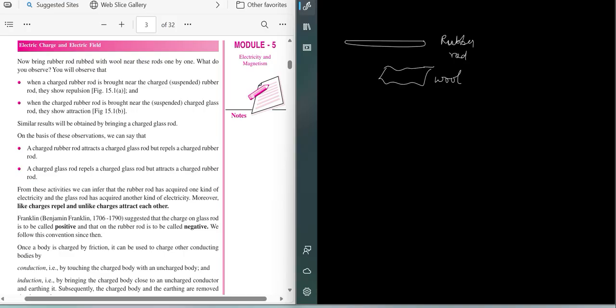Because of friction, some of the electrons of wool, which are loosely held, get transferred to the rubber rod. So the rubber rod has some excess negative charge or electrons, due to which it is behaving as a negatively charged object.